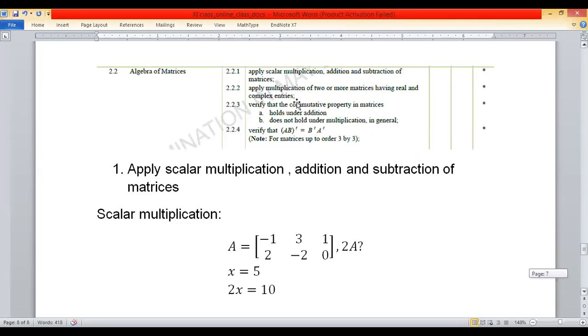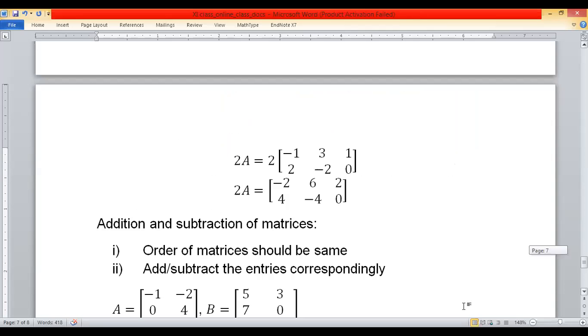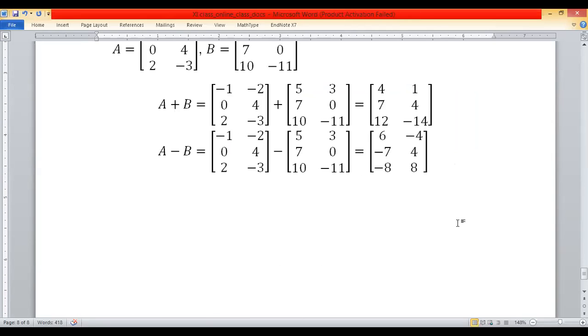next we have to multiply, multiplication of two or more matrices having real and complex entries. Let's start. This is number 2.